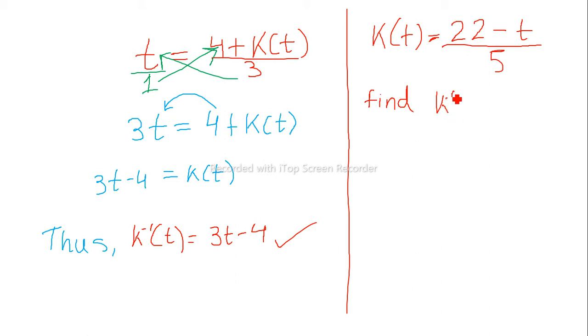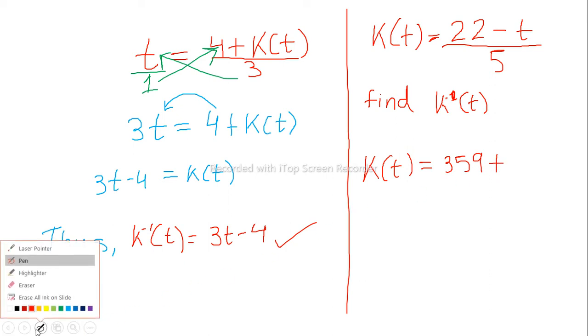So this is k inverse, it's supposed to be a negative 1, k inverse of t. Find that, and I'm going to give you another one. Let's not say k of t.